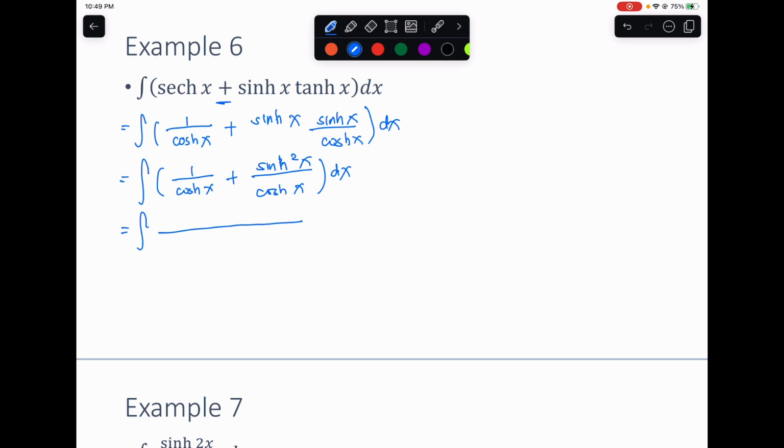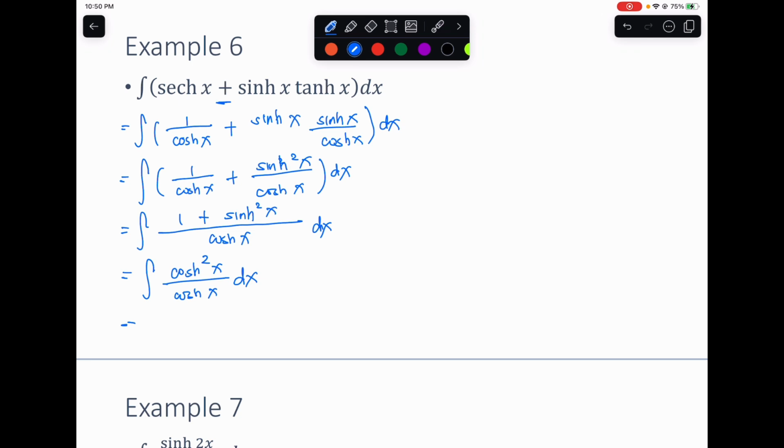So since the denominator is just the same, we just combine. So that is 1 plus sine h squared x dx. But then 1 plus hyperbolic sine squared is the same as hyperbolic cosine squared x over hyperbolic cosine x dx.